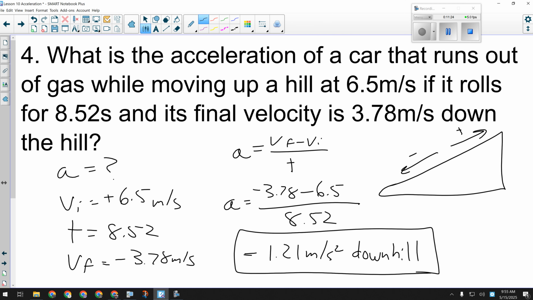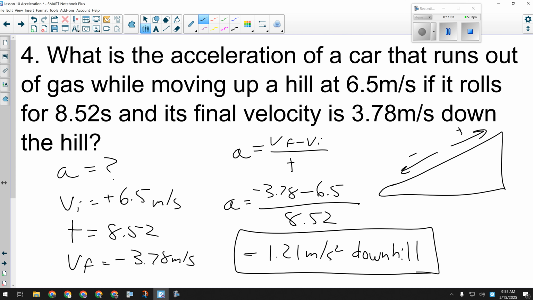Those are different directions. Down is vertically downward. You never fall through a hill. If you say the acceleration is 1.21 meters per second squared down, it means you dug a hole and somehow fell in it, because you're falling through the hill somehow. Everybody follow me there? I know that seems super picky, and it is. That one makes sense?